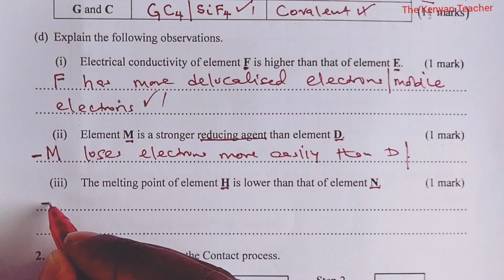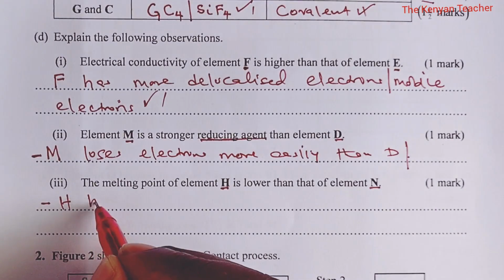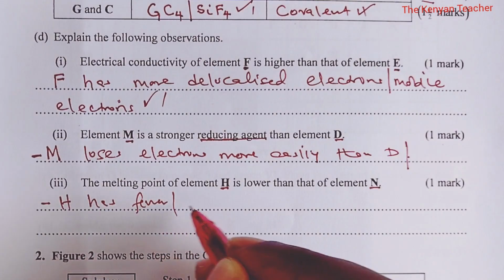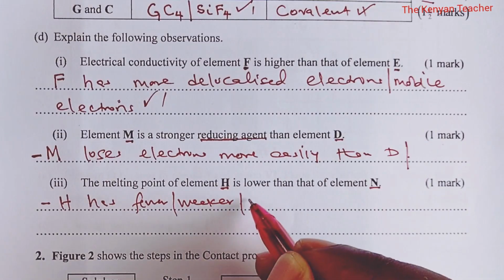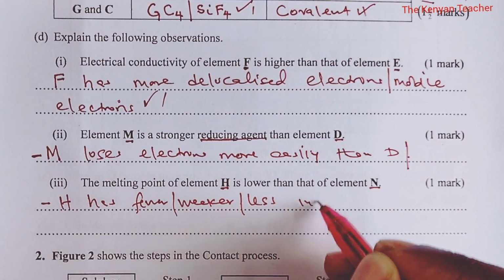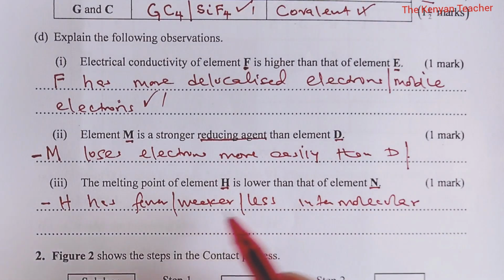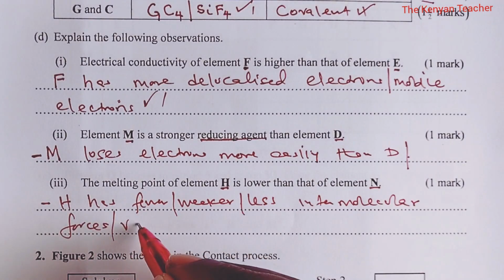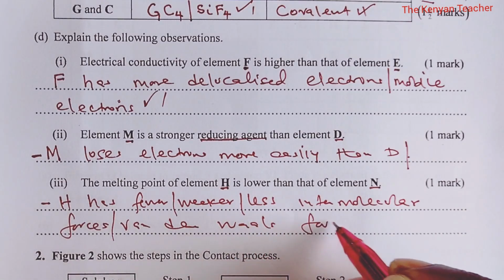So here, the candidates were simply to tell us that H has fewer, or we will still accept weaker or less intermolecular forces, what we always call van der Waals forces.